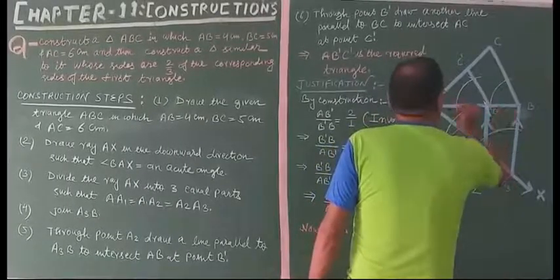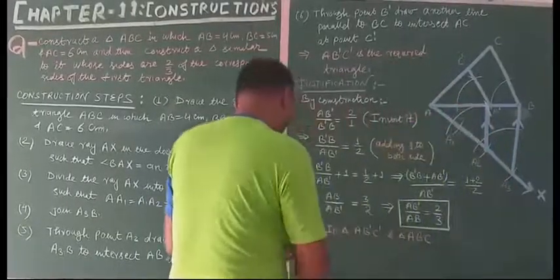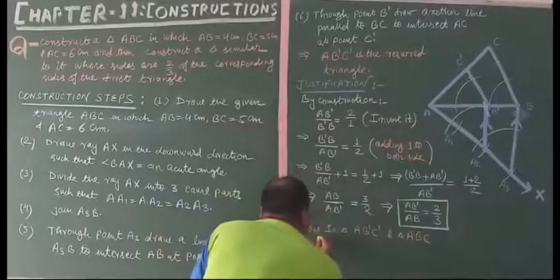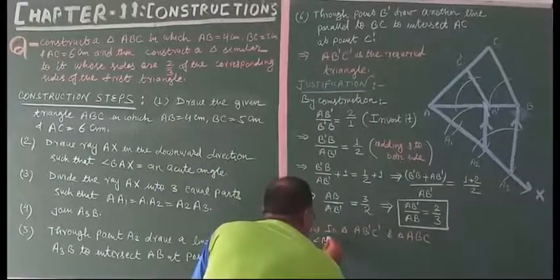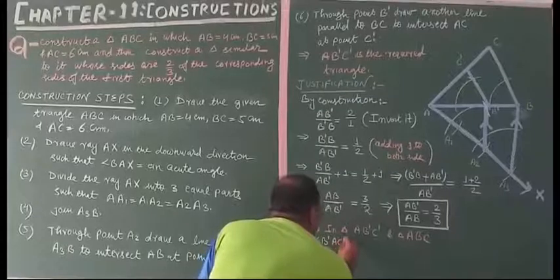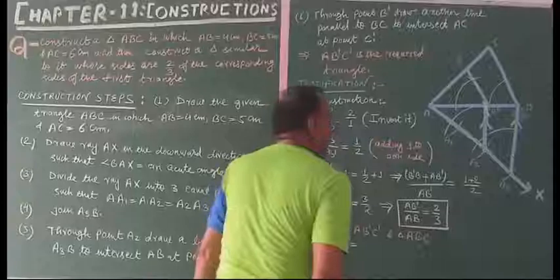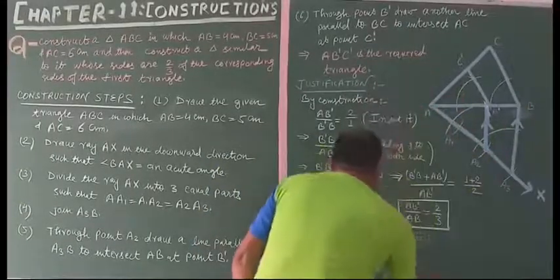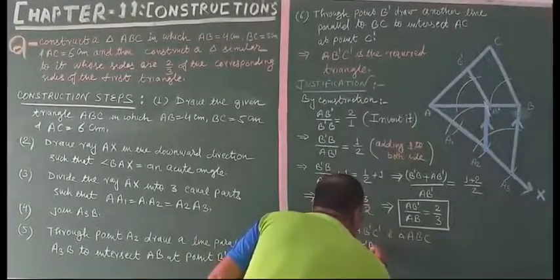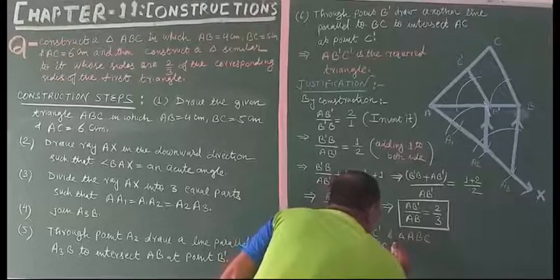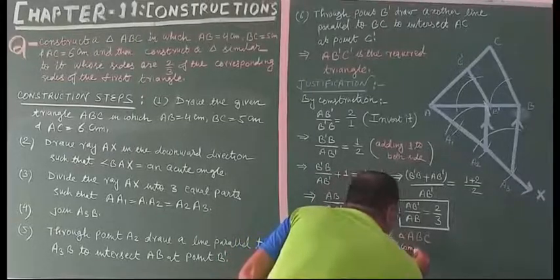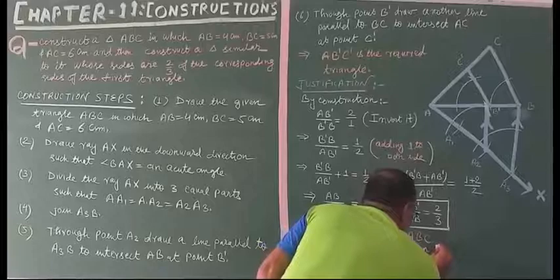Angle B dash A C dash is equal to angle BAC, and why? This is common angle A.